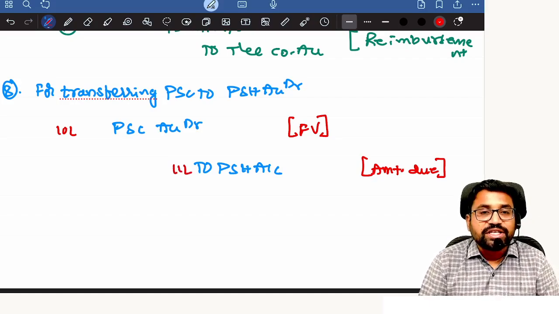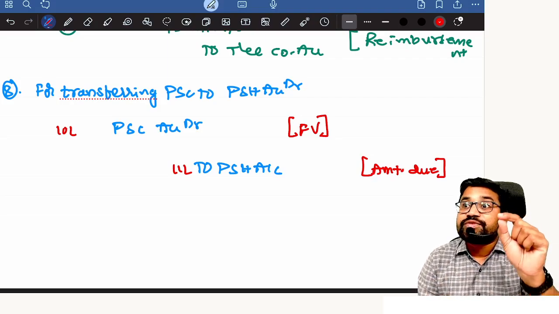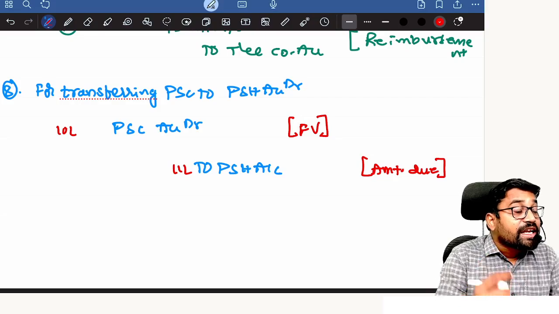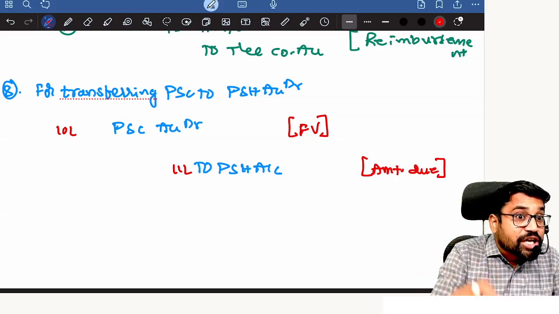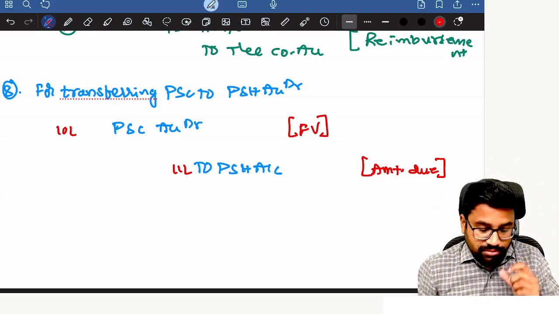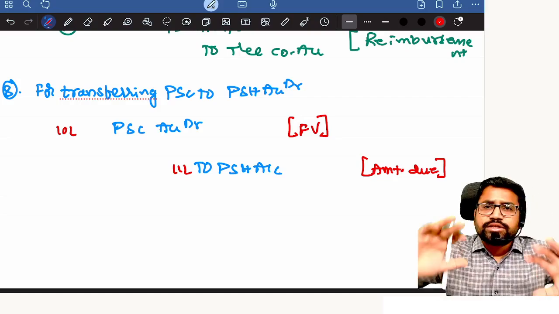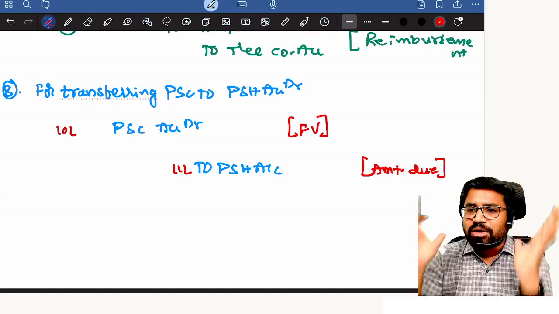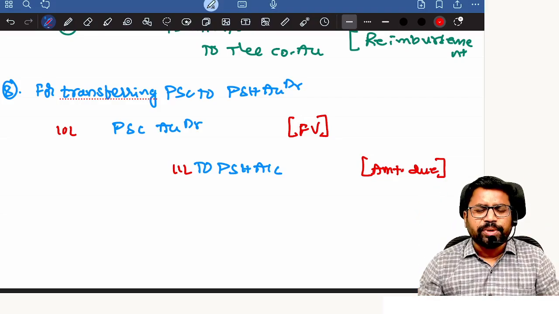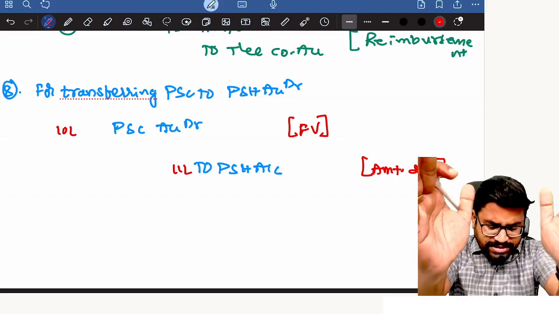Then what about the difference of 1 lakh? That will be transferred to realization account. Whatever profit or loss we get at the time of settlement of preference shareholders on liquidation will be transferred to realization account. Important. A simple principle: at the time of liquidation, whatever profit or gain comes, don't transfer it to P&L. Transfer directly to realization account.